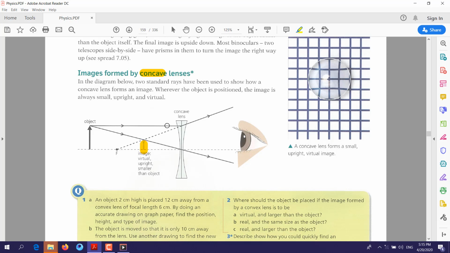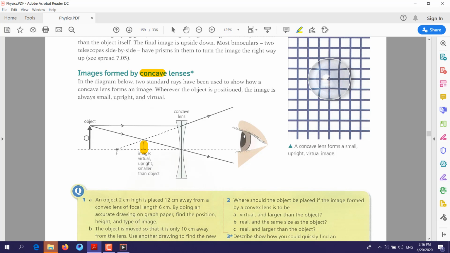Okay, after drawing the two standard rays, the first one parallel to the principal axis, it diverges, it goes away. And the second one is the straight line that passes through the center of the lens. If we determine the position of the image, we will see here it will be the image.